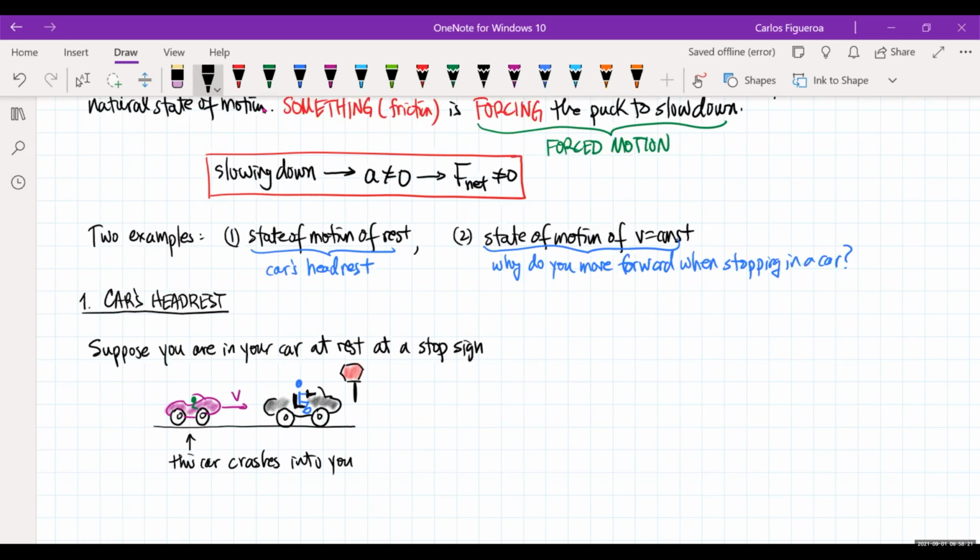So the question is, what happens after the collision? That's the question that we really got to answer.